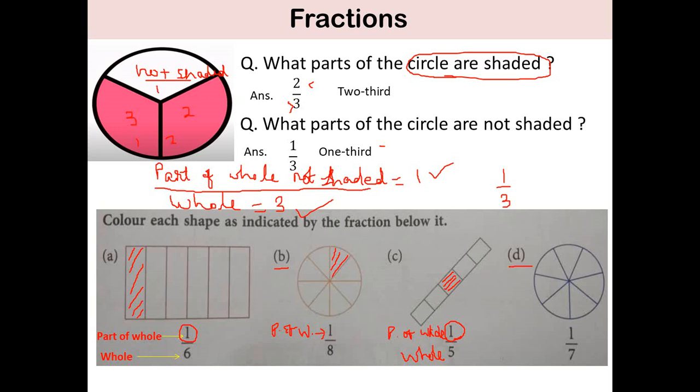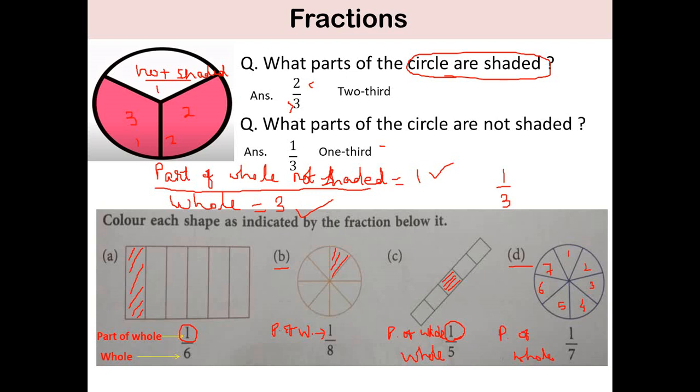1/7. So are there 7 equal pieces? 1, 2, 3, 4, 5, 6, 7. Yes. See, the whole is 7. Right? Here whole has been written 7. That means the circle has been divided into 7 equal pieces. Now what part of the whole you need to shade?